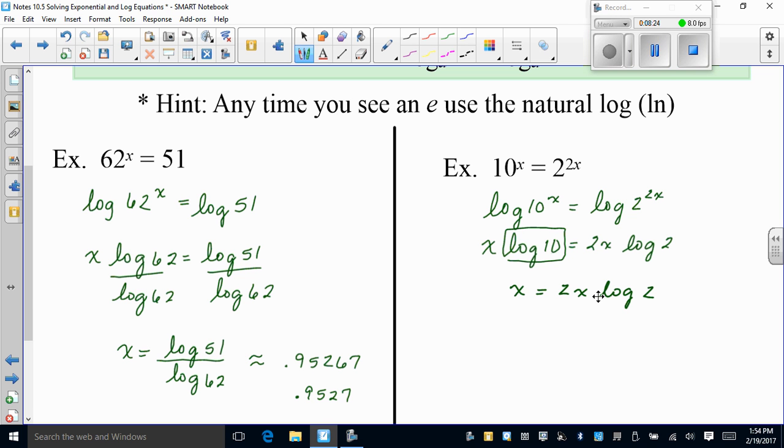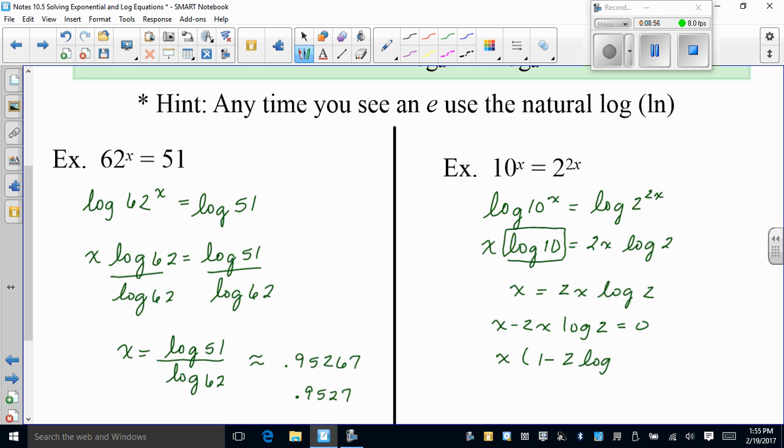Move the 2x to the other side. So I have x minus 2x log of 2 equals 0. Factor out the x, so I have x by itself. So that gives me x times 1 minus 2 log of 2 equals 0.